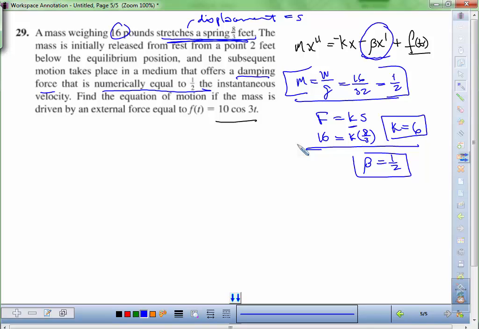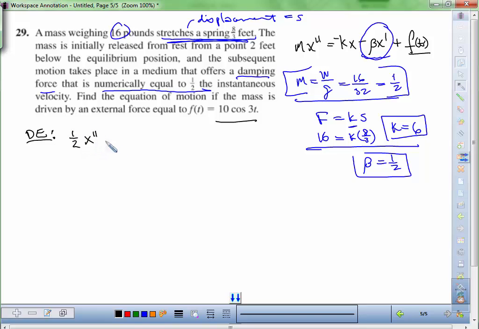Okay. And then we have f of t, so we're ready to set up our differential equation. I'll bring everything to the other side and write the external force function by itself on the other side.